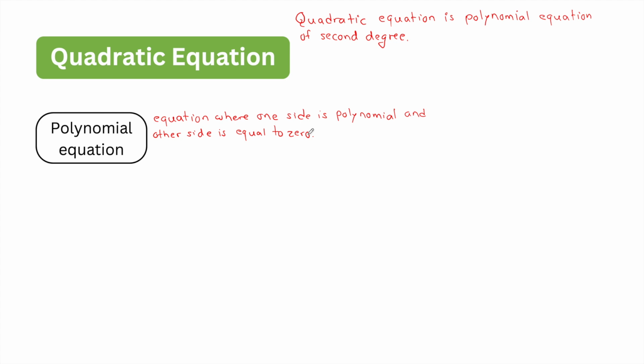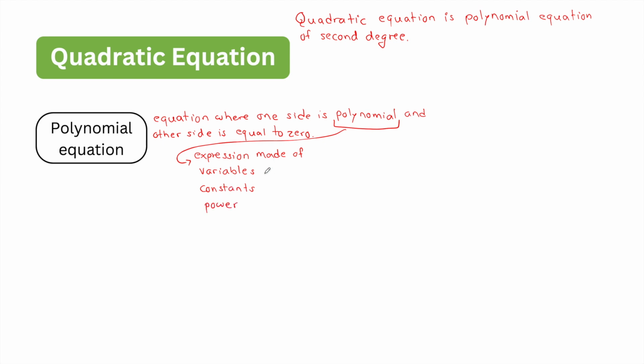So polynomial is an expression made of variables, constants and powers. Let me write it here: expression made of variables, constants and power to the variables.